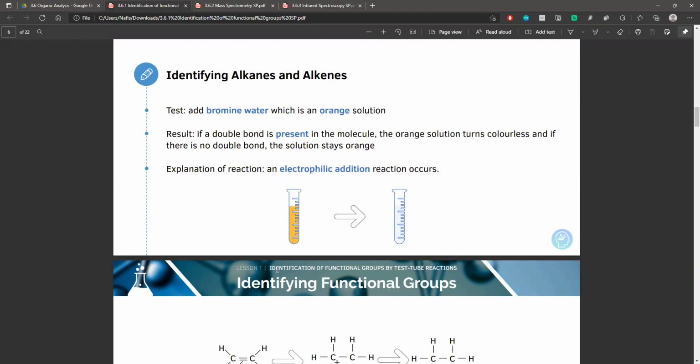The explanation of this reaction is basically an electrophilic addition reaction. Does everyone know what an electrophilic addition reaction is? Basically what's happening is, I'm just going to quickly draw a description of this.